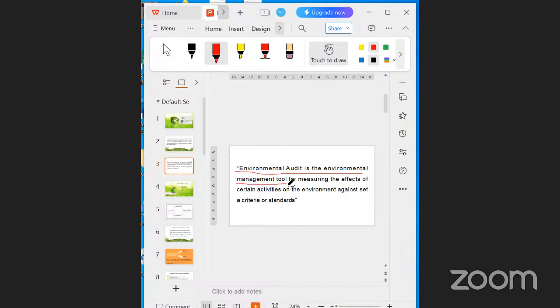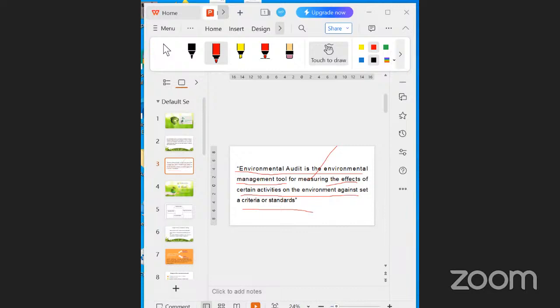For what purpose? Measuring the effects of certain activities on the environment against set criteria or standards. The environmental audit tries to measure the impact of the business activity on the environment against some particular criteria, which may be a regulation or a rule set by the government.